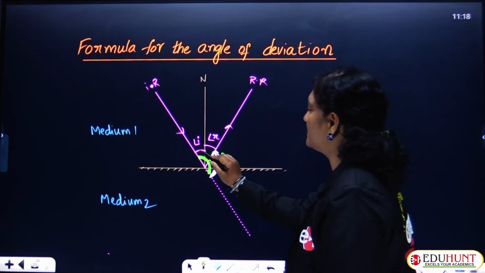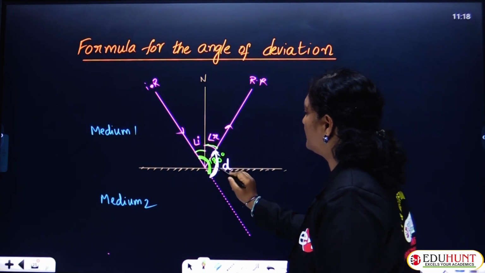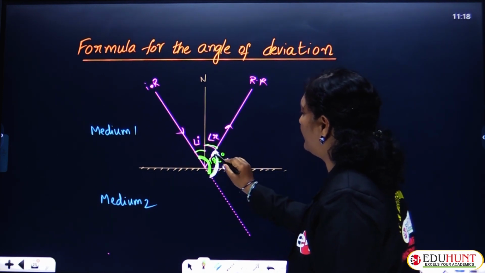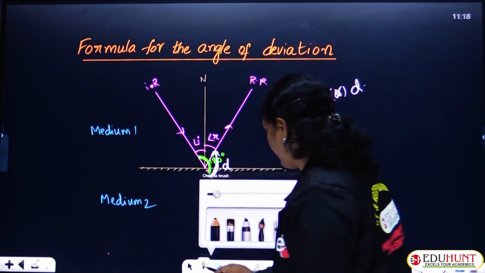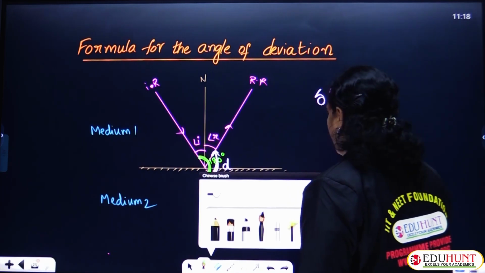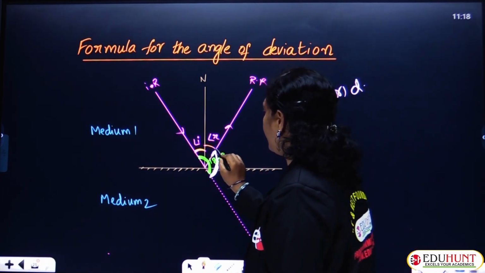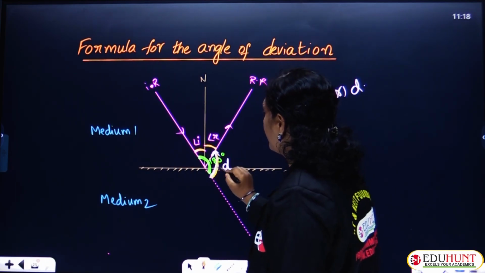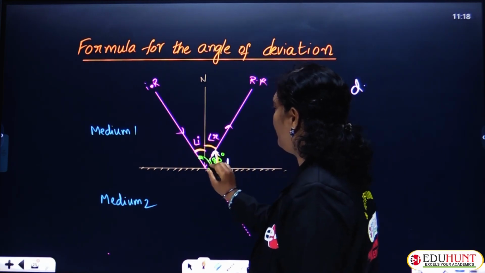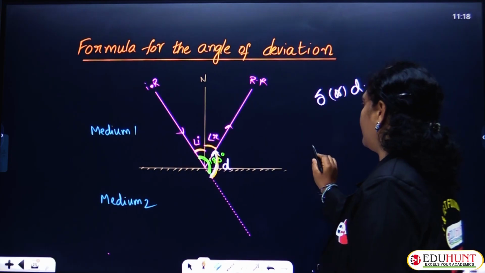First one is angle I, second one is angle R and the third one is angle D. So if you focus on this carefully, angle I, angle R and this angle D together, 1 plus 2 plus 3, must be equal to 180 degrees. Let me write the same.